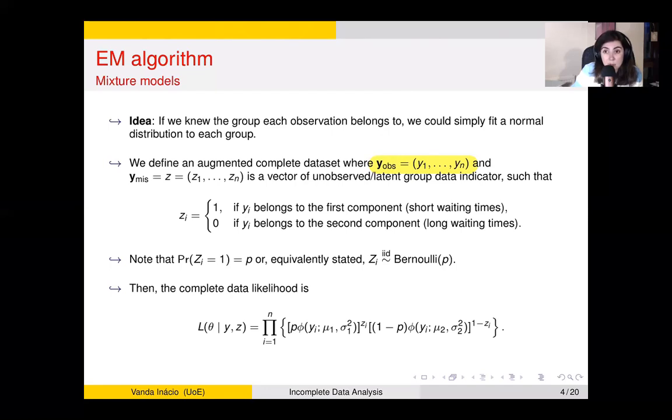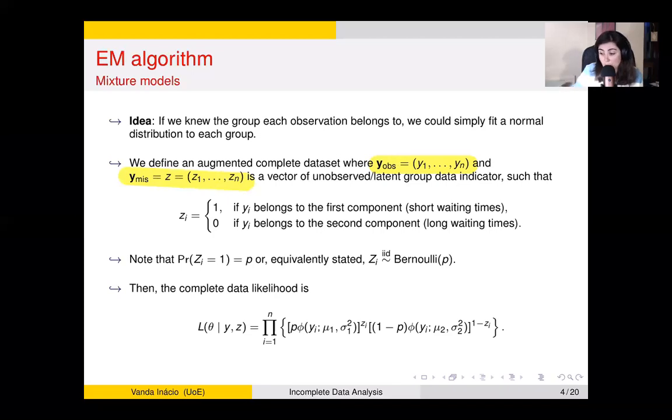In this problem, we don't have missing data in our original data, but if we can frame our problem as a missing data problem, we will see that this simplifies. And my Z's, they are, as I have said, latent or unobserved, and I know that they will form my missing data, and that's what I have here.